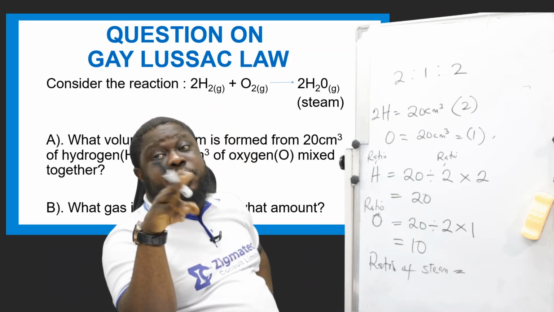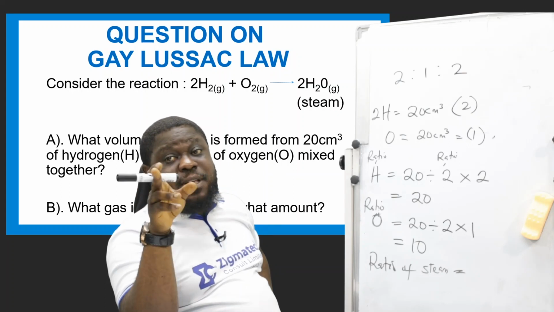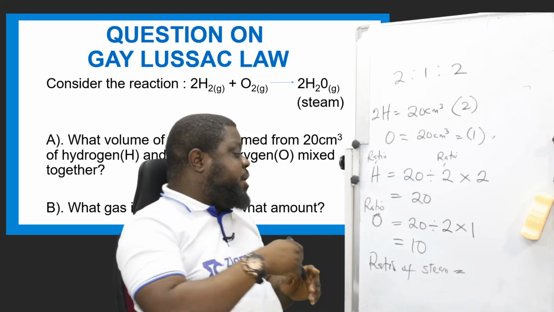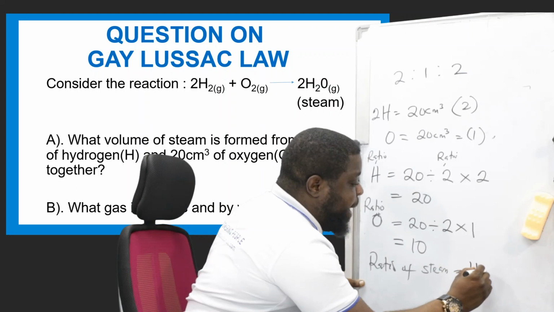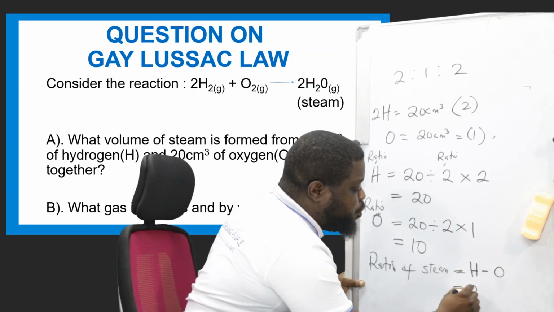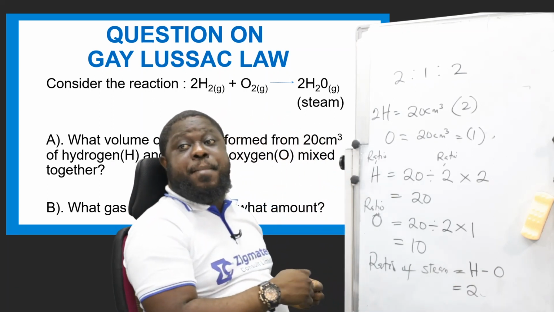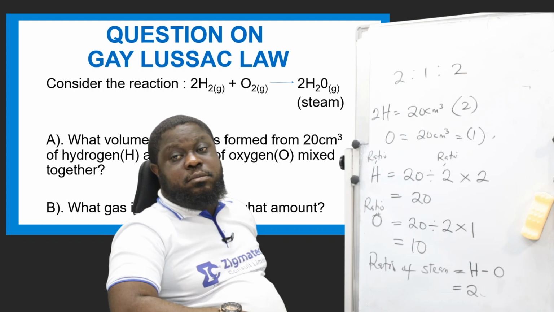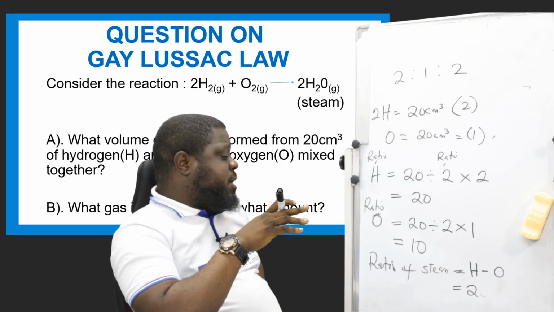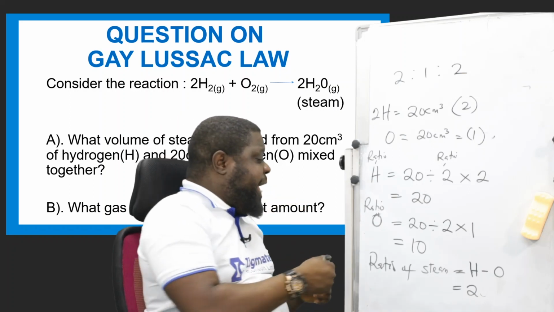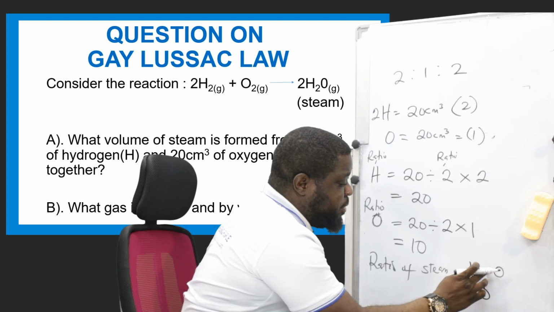Remember, the positive sign will change to minus. Positive sign there changes to what? Minus. So it will be H minus O, which is equal to 20 minus 10. So if you check this constructively, you know that the steam is 20.